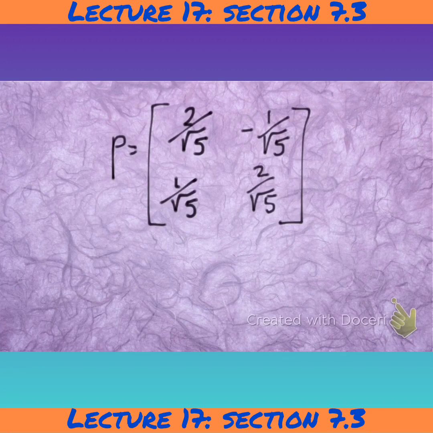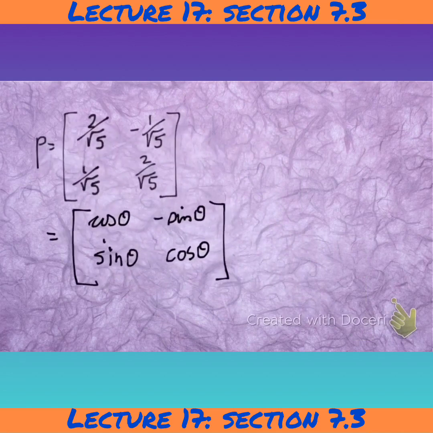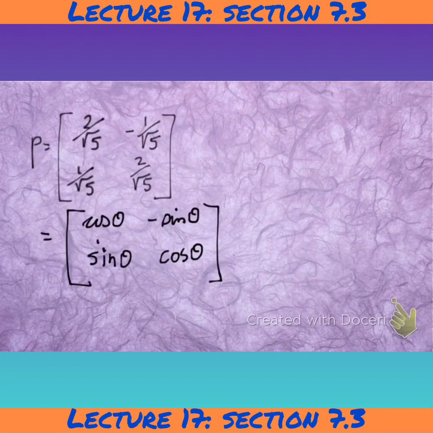Right, so what we want is we want to equate this to this here. Right, so we've got that situation there, and then it's just a question of solving those angles, and so from there we get that cos theta is 2 over the square root of 5.